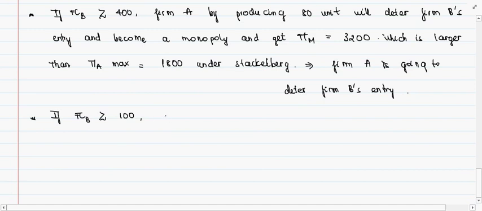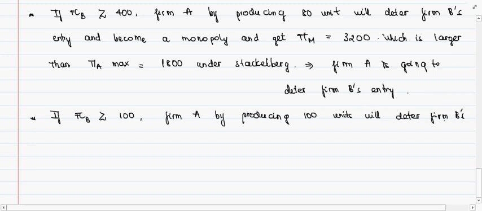So again, I'll say firm A, by producing 100 units of output, will deter firm B's entry, become a monopoly, and earn a monopoly profit in this case of producing 100 units of output, which is 2,000.